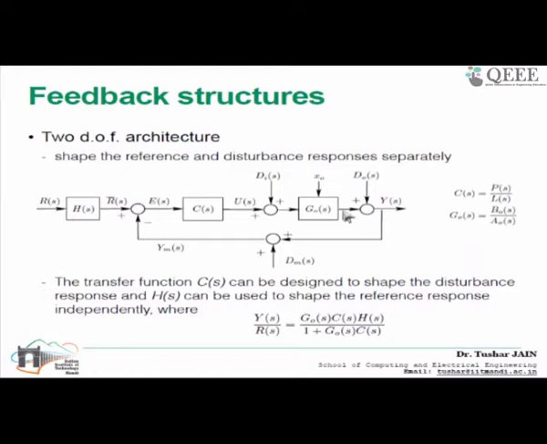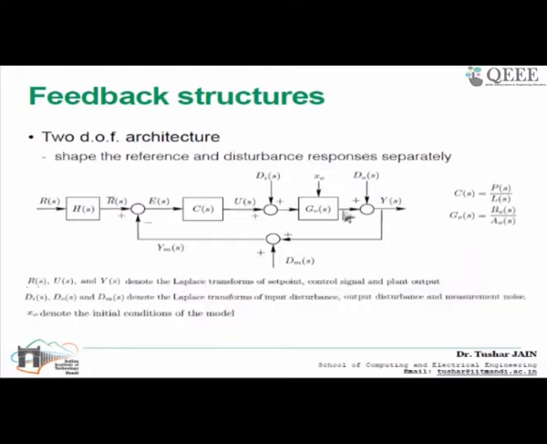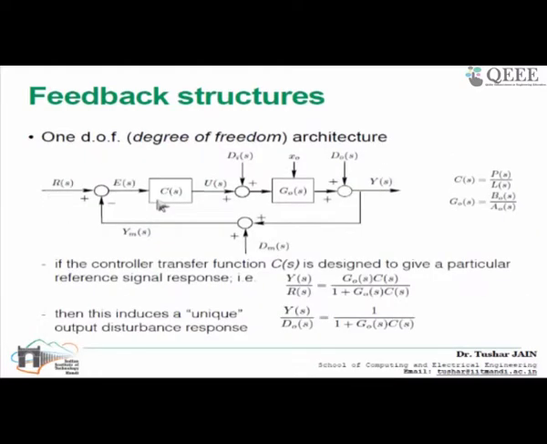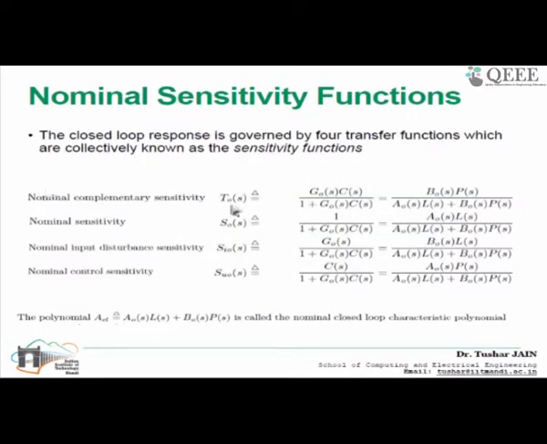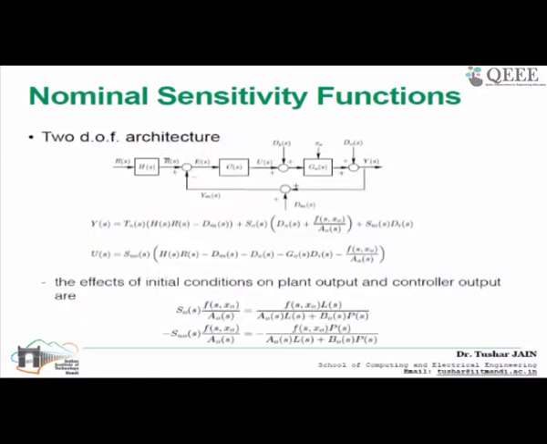If you recall, the error is on this side, and all these four transfer functions are written with respect to the 1 degree of freedom architecture. So the ratio of E of S and R of S gives you the nominal sensitivity function. You would also see that if you sum them up, T naught plus S naught gives you 1. There are some properties, but these are the four sensitivity functions which you require to do your stability analysis, and we'll see how in the 2 degree of freedom architecture.